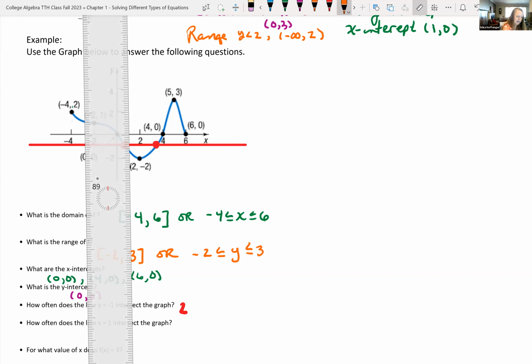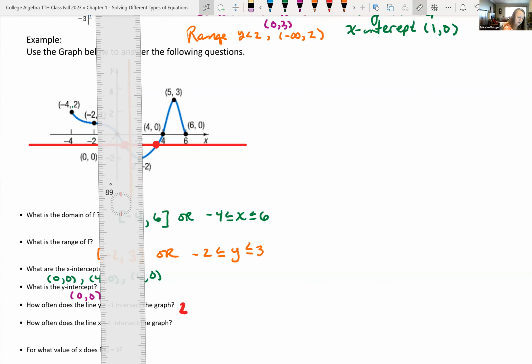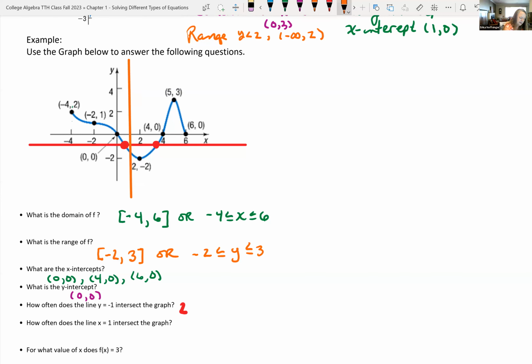That vertical line, which is not quite vertical, but you get what I'm doing, only intersects the graph once. So the line x equals 1 intersects our graph once.